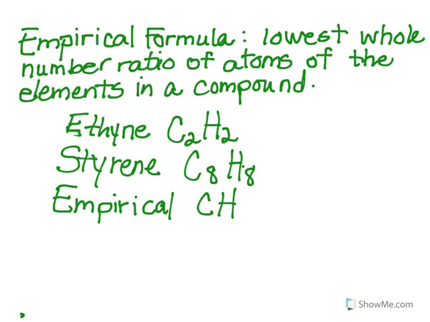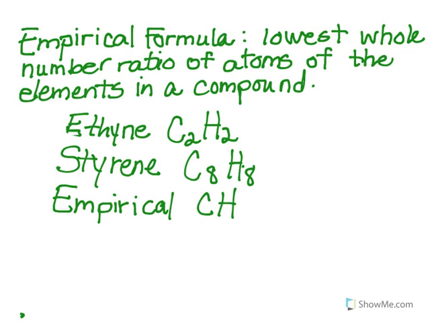Empirical formula is going to tell us the lowest whole number ratio of the atoms of the elements in a compound. For example, we have written here ethene, which is a gas that's used in welding. Its molecular formula is C2H2. We have styrene, which makes up polystyrene, or styrofoam, which is in those little packing peanuts.